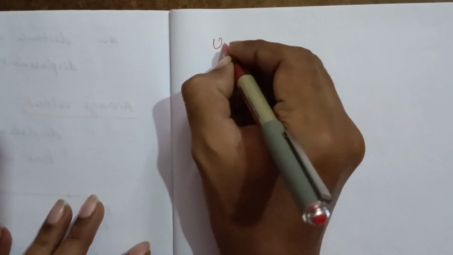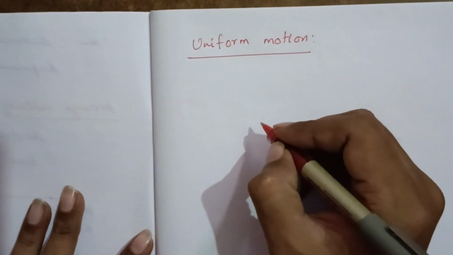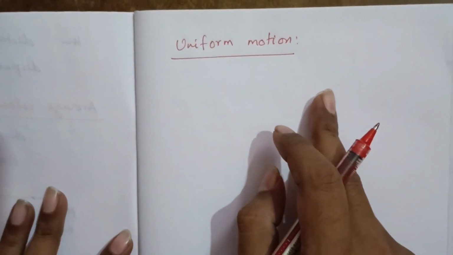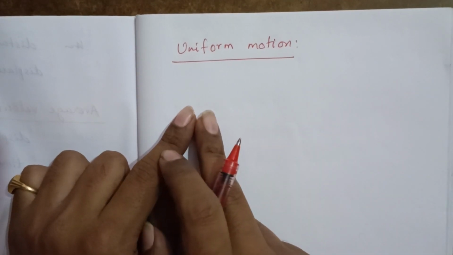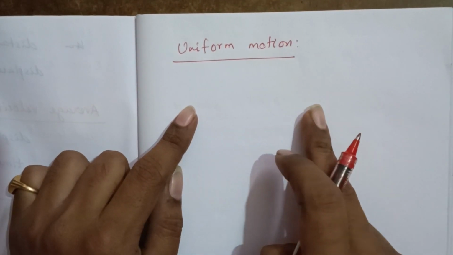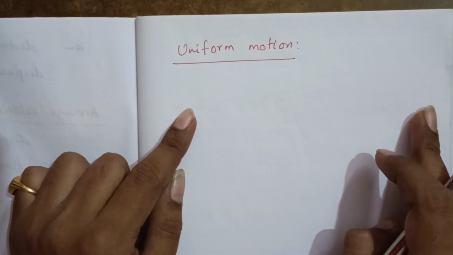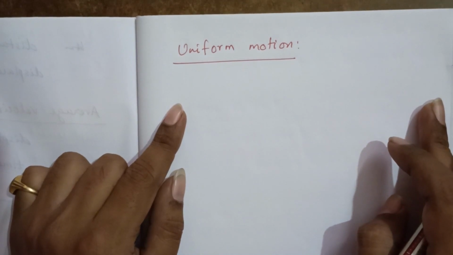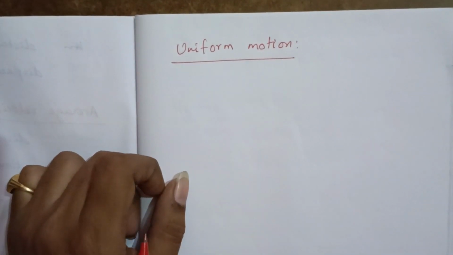Next one is uniform motion. Uniform motion means if a body is moving, the velocity of the body is constant, the same throughout its journey. Then its motion is known as uniform motion.